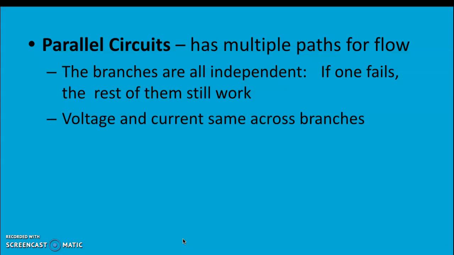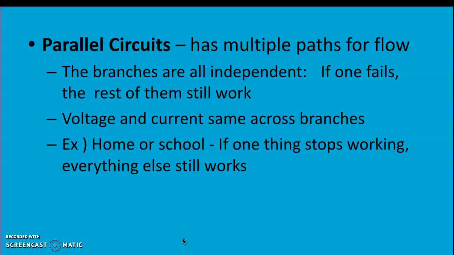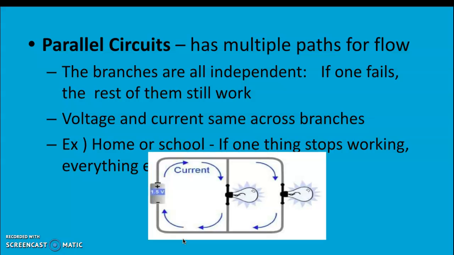Voltage and current are the same across the branches, and an example of this would be at home or in school, your devices are wired in parallel, so that if, let's say, one of your light bulbs on your lamp stops working, it doesn't mean everything in your house stops working. It just means that that one thing has stopped working because that resistor shut off.